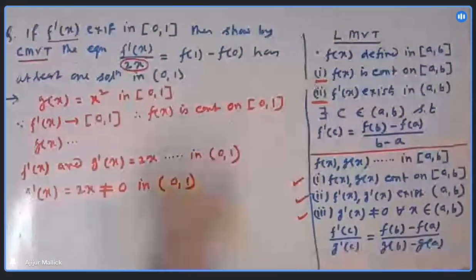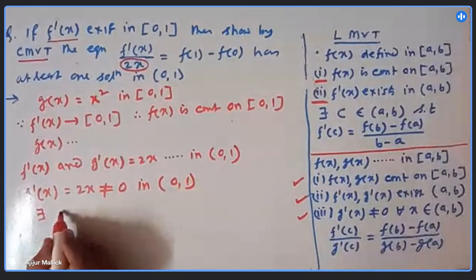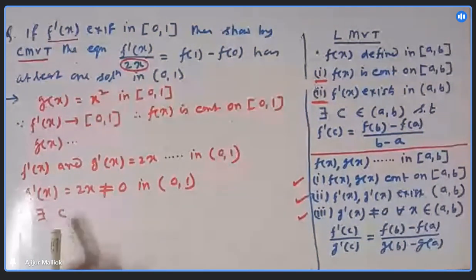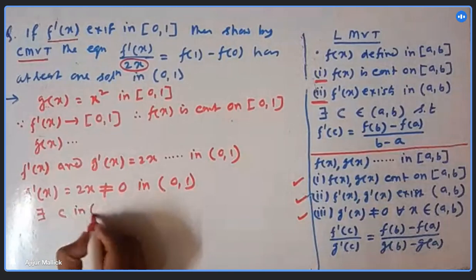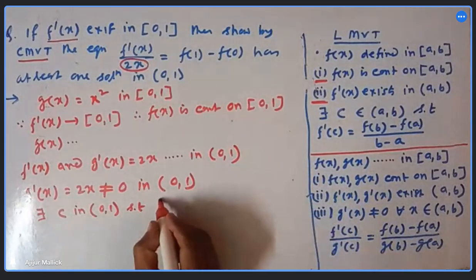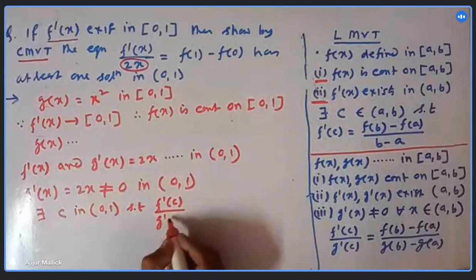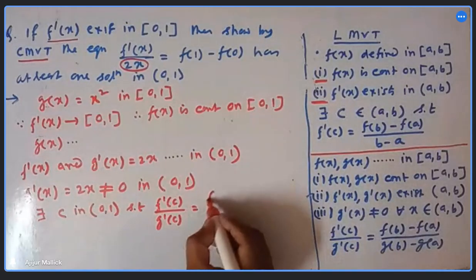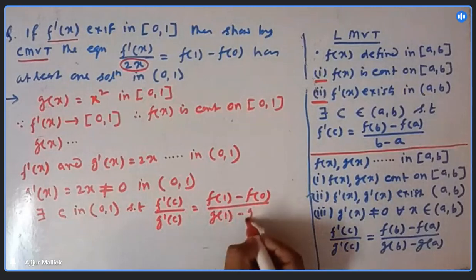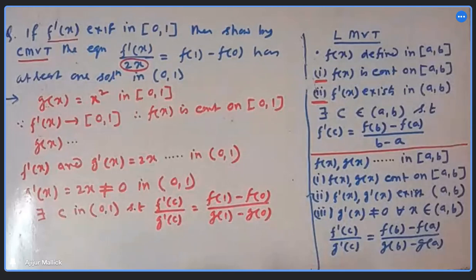Write, therefore, conclusion: there exists at least one value of x, say small c, in the open interval 0, 1, such that f dash c divided by g dash c is equal to f of 1 minus f of 0 divided by g of 1 minus g of 0.